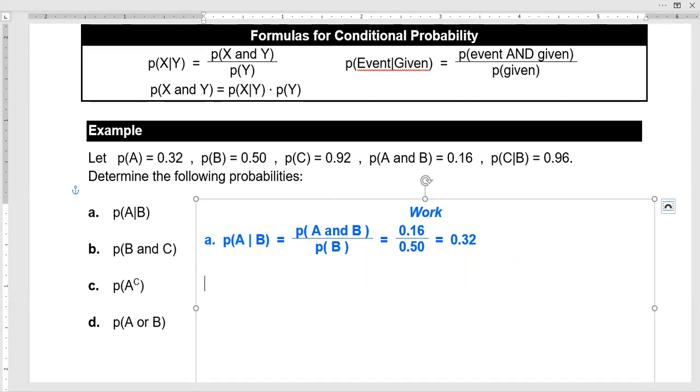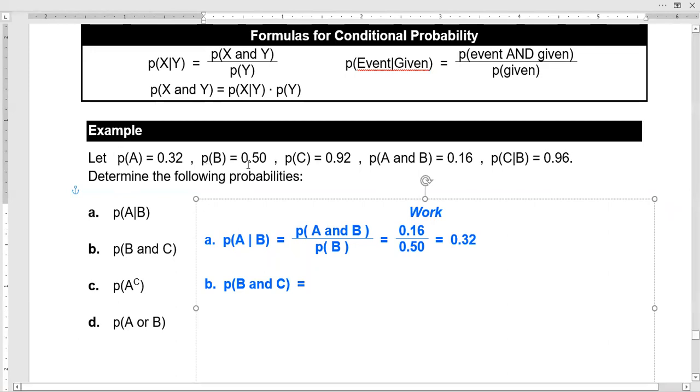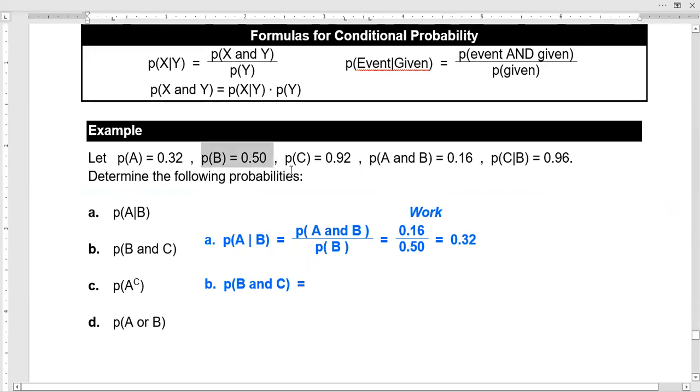All right, let's do the next one. Part B says to find the probability of B and C. In order to know which and formula I should use for this problem, I need to look at the information that I have. I have the probability of B, I have the probability of C. This one I don't care about, because I don't care about A for this problem.